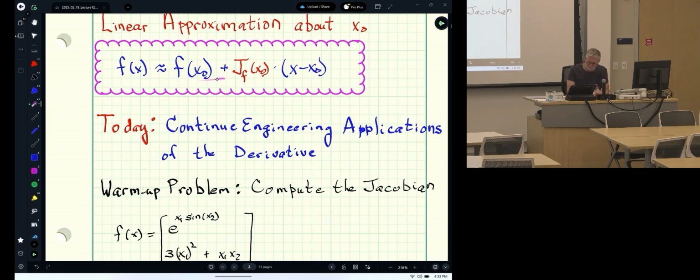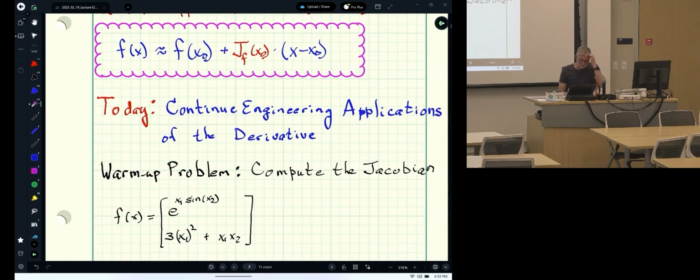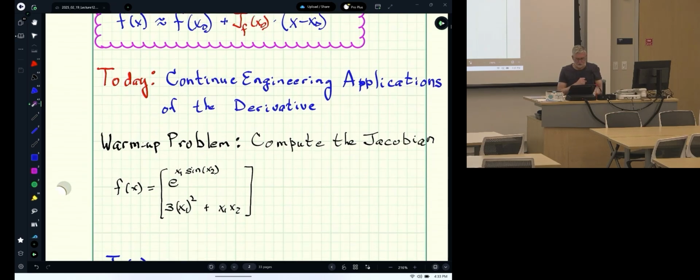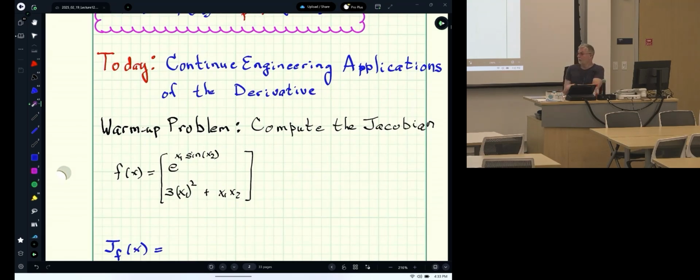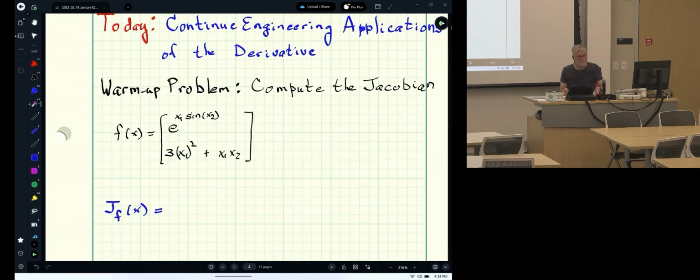The b is the function evaluated at the point of interest x0, and the little a is replaced by a matrix, and that is the Jacobian matrix. This tells us how f varies locally near x0 and turns this nonlinear function into a linear approximation. Today we're going to do a ton of engineering applications of vector derivatives.